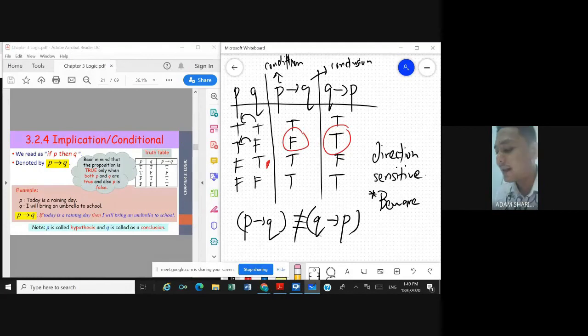For the third column here it is changed already. Q is the condition, P is the conclusion. Any question? Any question in 1 minute? I want to drink some water.